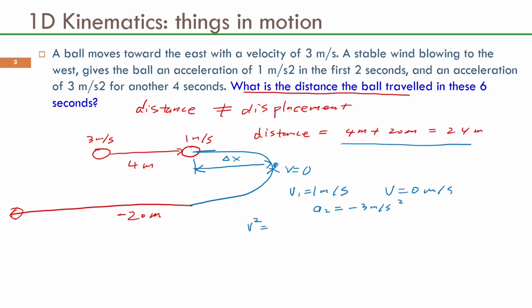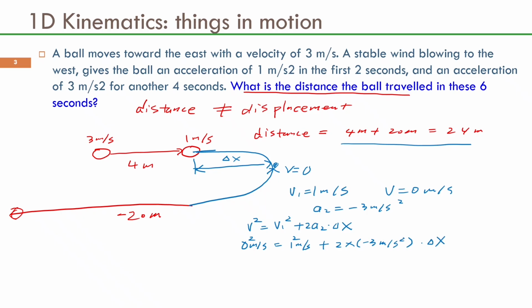V squared equals V1 squared plus 2 a2 times delta x. So if we substitute all the values, we get 0 meter per second squared equals 1 meter per second squared plus 2 times minus 3 meter per second squared times delta x.